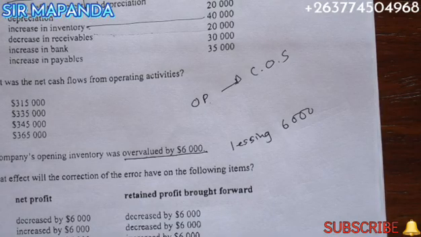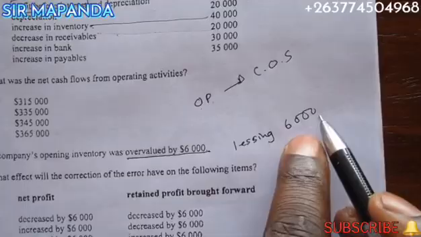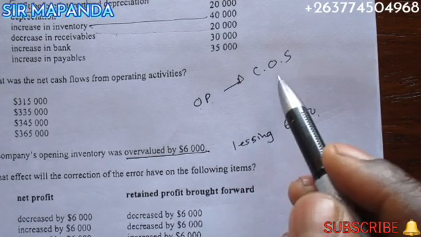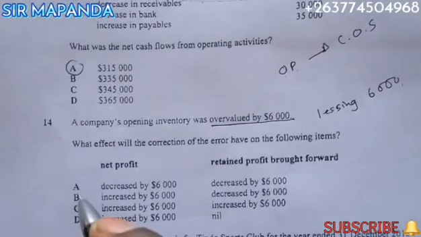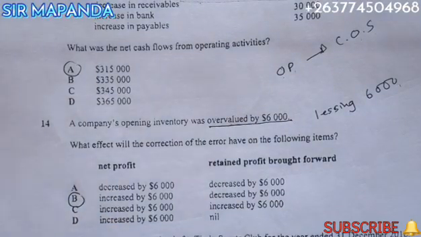So if we deduct 6,000 from opening stock, it simply means that our cost of sales are going to be reduced by 6,000. The lower the cost of sales, the higher the gross profit, which is also the higher the net profit. So if we correct this, our net profit is going to be increased by 6,000, since cost of sales are also reduced by 6,000. I hope you are following.